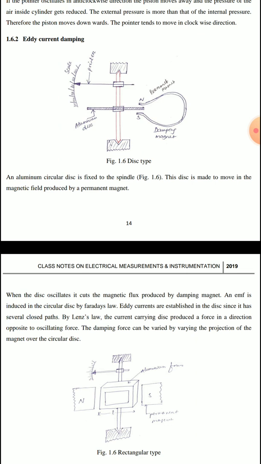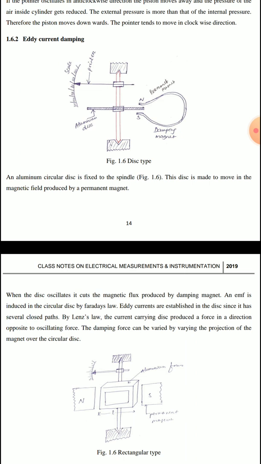So as we told you, Faraday's law of electromagnetic induction, E is equal to d phi by dt. So EMF is induced as the disc is cutting the stationary or permanent magnetic flux. And as there is a closed path, that EMF gets converted to current. That current is nothing but the eddy current.